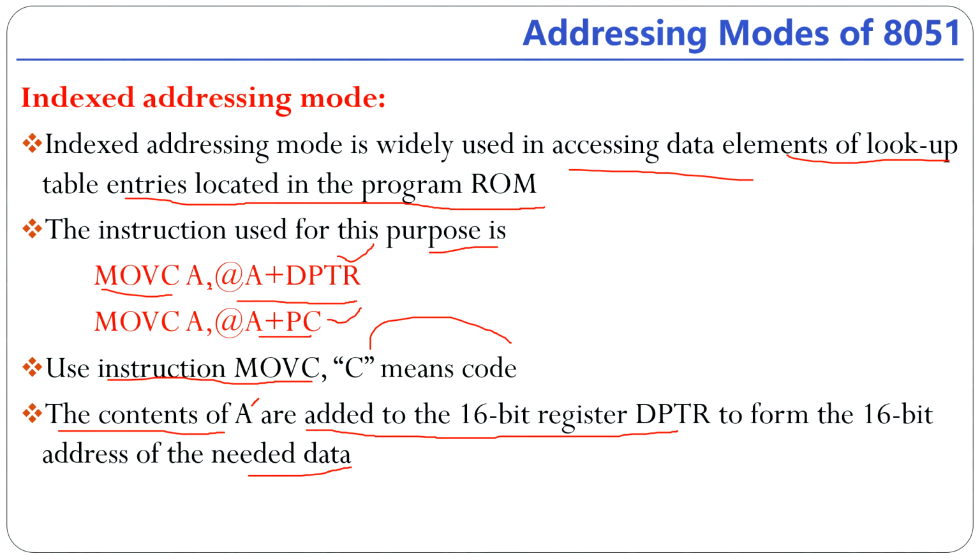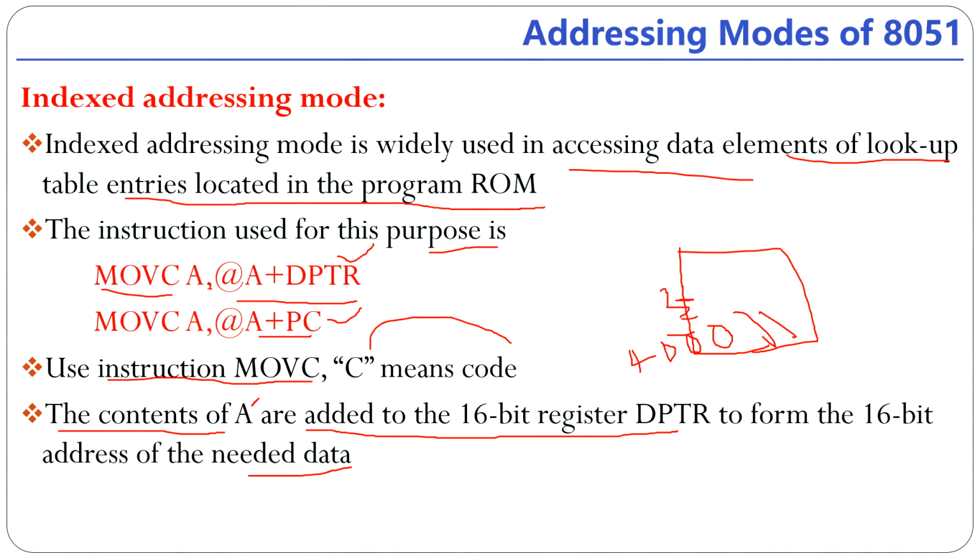Basically, we can represent it in this way. Suppose we take a location here, 4000. This is the 4000 memory location. The first location is this, so this is the initial address. Suppose we want to take a value from this location, the second or third location, we can say.